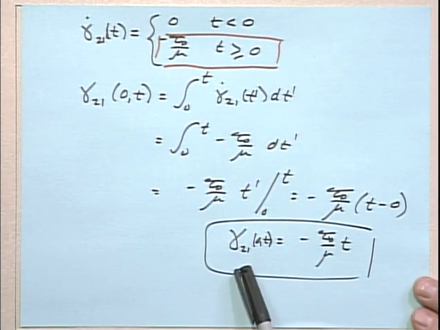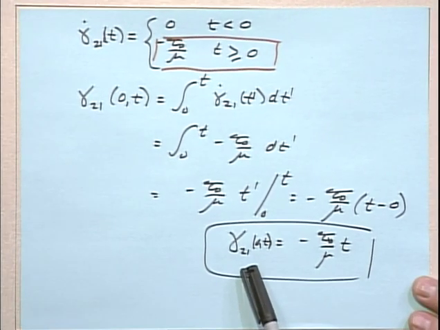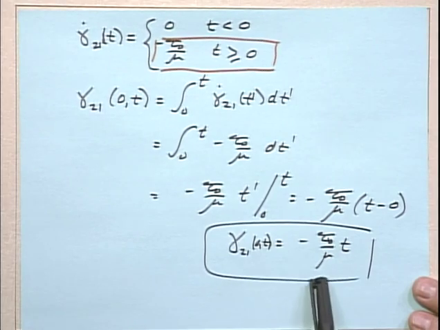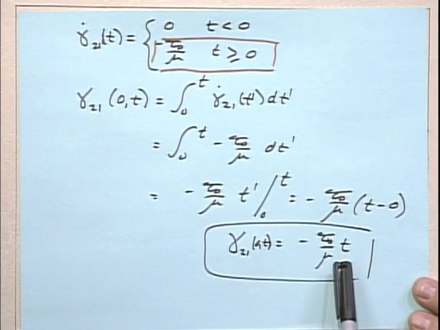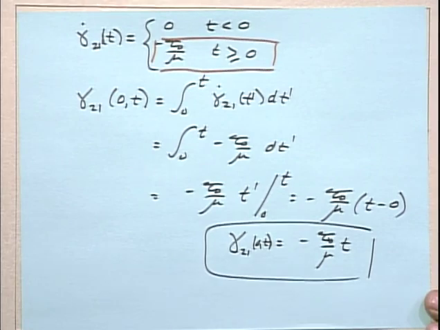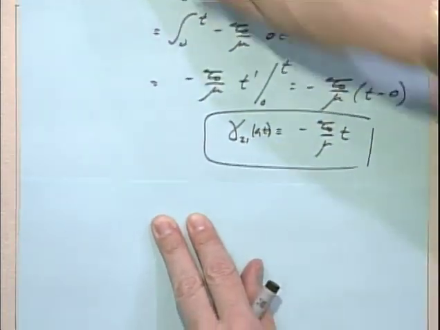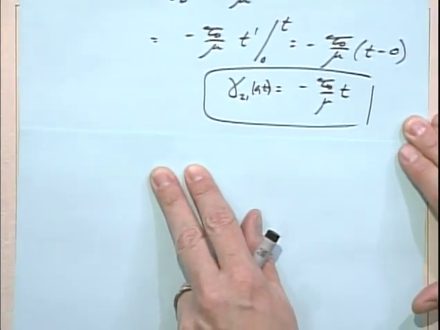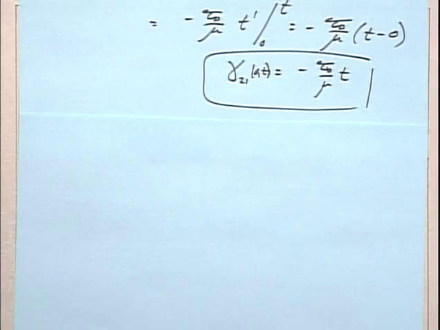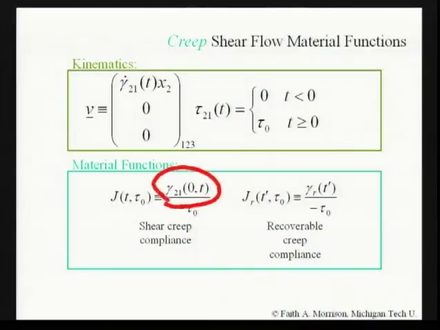So this says that a Newtonian fluid will have a strain that's equal to this quantity. It's linear with time. Now we go back to our definition of the material function. We've got the quantity we needed.